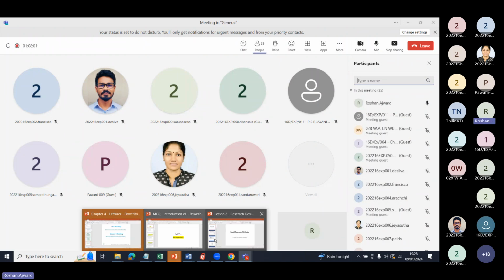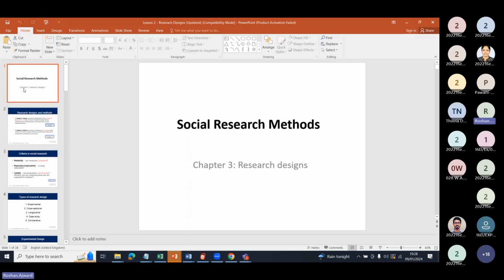Okay. So this is chapter number 3. We discussed chapter number 1 last week, and today we are discussing chapter number 3. We omit chapter number 2 because it's a little bit difficult for your level to understand, but I'm going to cover certain important points of chapter number 2 at the end. In this chapter, we are going to discuss research designs.